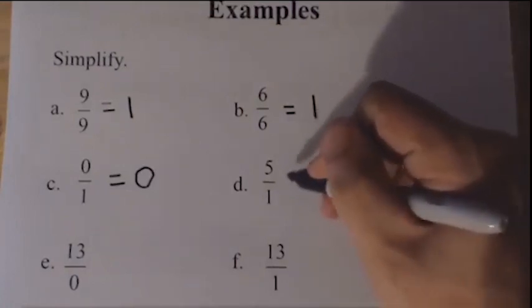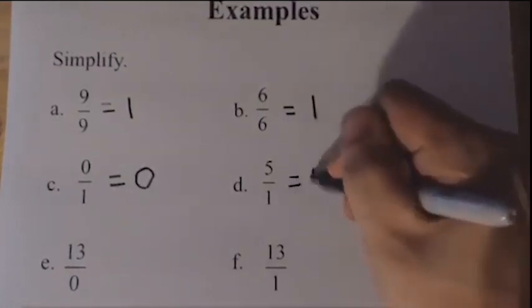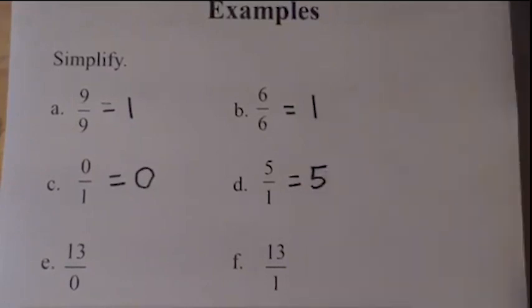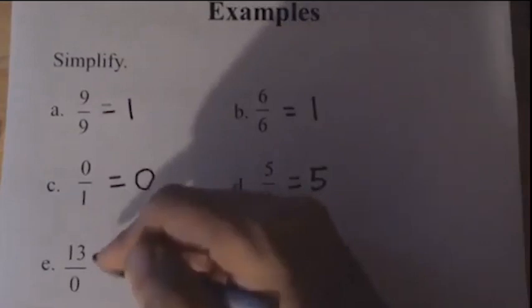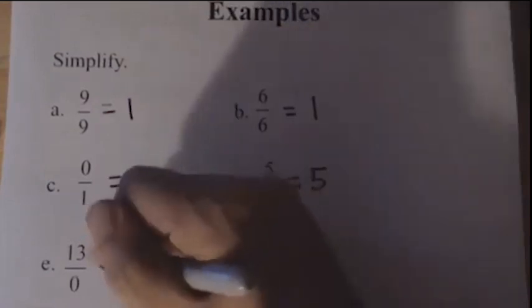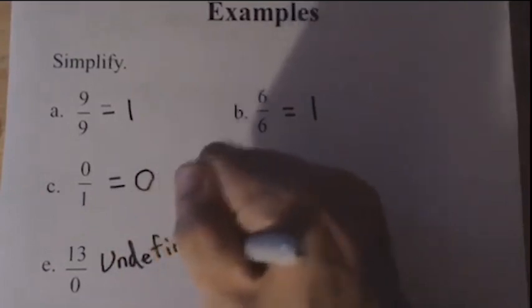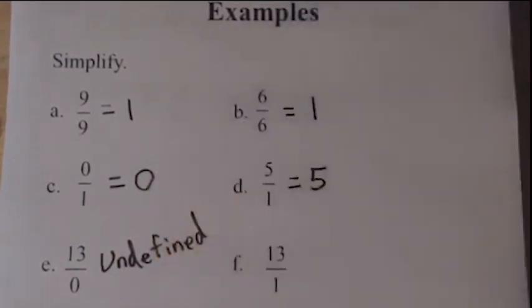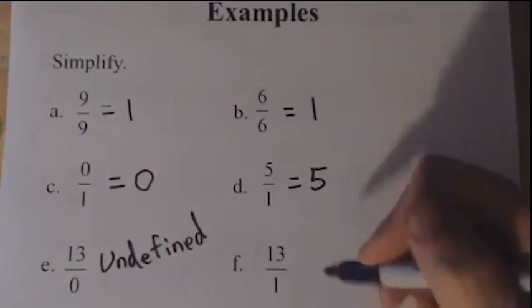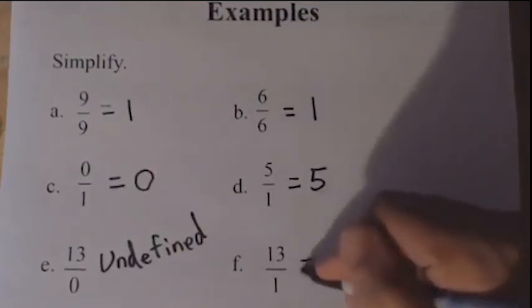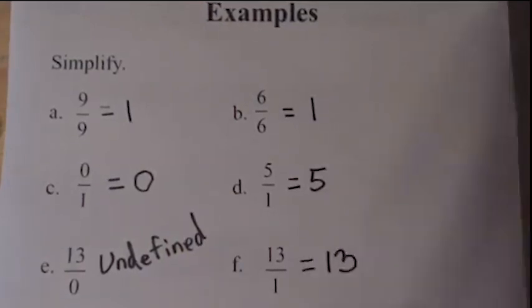D, 5 over 1, any number over 1 is itself, so this is 5. 13 over 0, anything divided by 0 is undefined. 13 over 1, anything over 1 is itself, so 13.